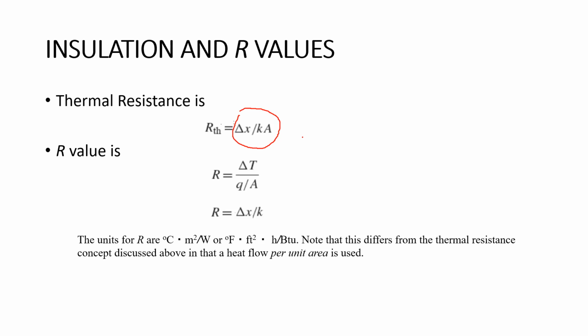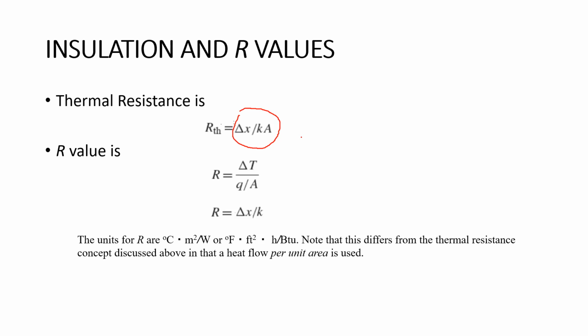Remember, this is for plane wall. For cylindrical system, this equation changes into log of outer radius divided by inner radius and whole divided by 2 pi thermal conductivity into L. This is for radial system, which we have discussed in the previous slide.